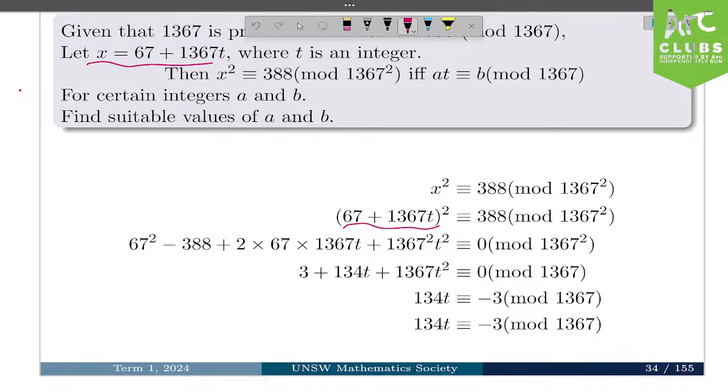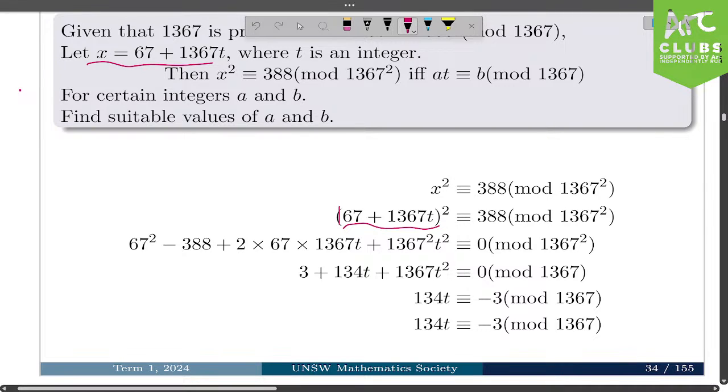And then next we'd expand this, and then we move 388 to the other side. So we get 67 squared minus 388. The actual value specifically is 3 times 1367, and then we have 2 times 67 times 1367t plus 1367 squared t squared. This is congruent to 0 mod 1367.